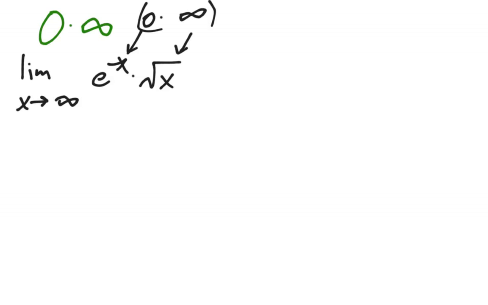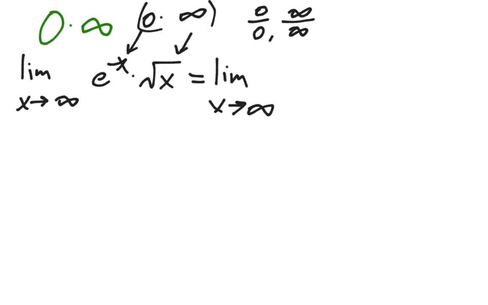Now, to use L'Hopital's rule, I must have 0 over 0 or infinity over infinity. And so if you get 0 times infinity, there is a simple way of rewriting this to make it match one of the above forms. And almost all the time, that involves just dropping one thing into the denominator.